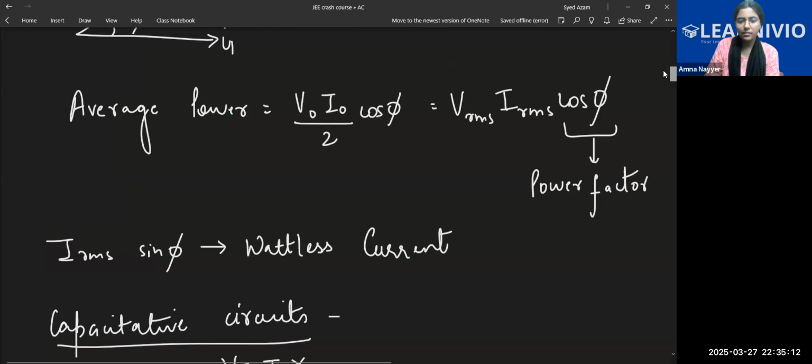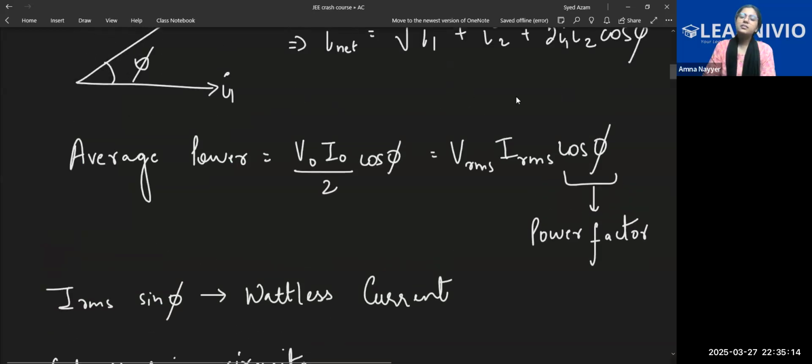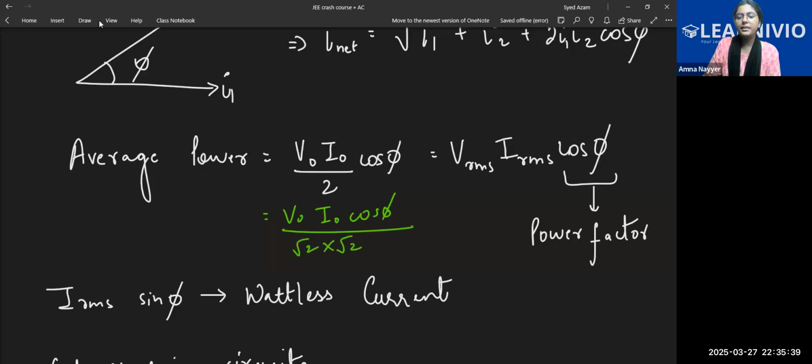Done. Now, average power, when you calculate for the entire circuit, it is V naught I naught by 2 cos phi. If you write V naught I naught in terms of the RMS value, we can write V naught I naught cos phi divided by 2 as root 2 into root 2.